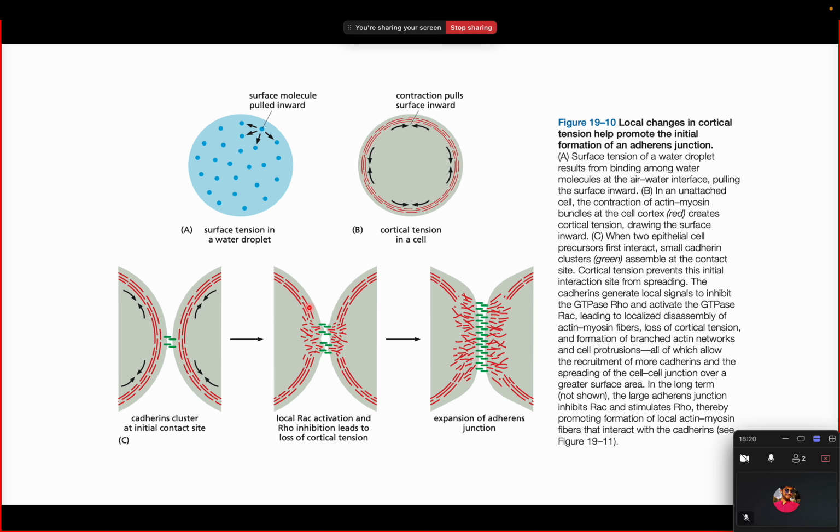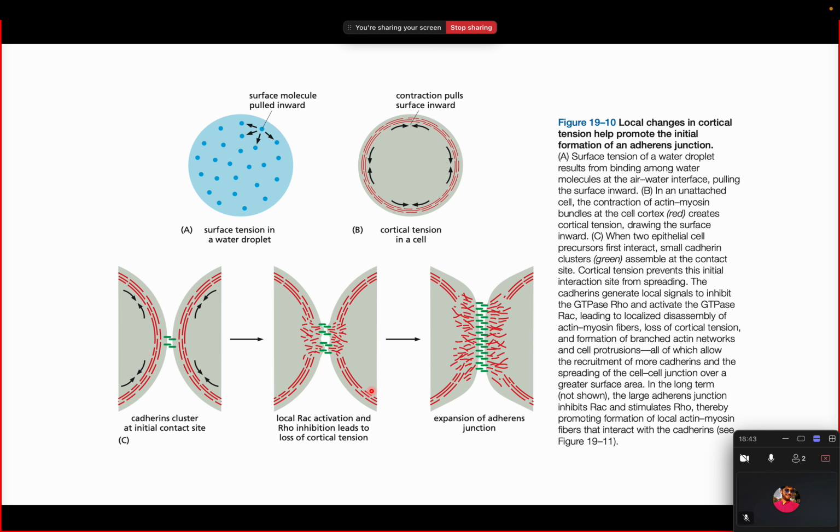This means that only having a surface representation of cell adhesion molecules is not the only requirement. The requirement is also for the remodeling of the actin filaments which are present in the cell. That is how the cell is maintaining its shape and structure and allowing the connection with the adjacent cells.